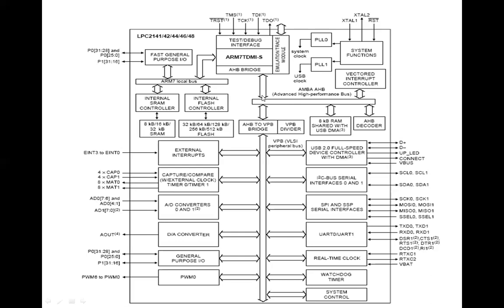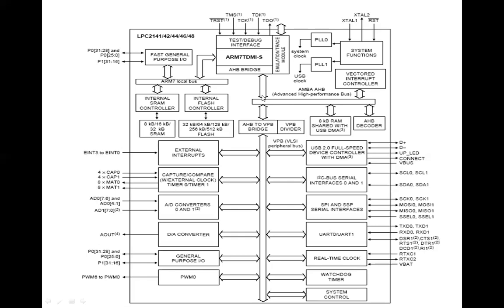PLL 0 will generate the system clock and PLL 1 will generate the USB clock. We will see later on what the use of PLL is. Then external 1 is an inward signal and external 2 is an outward signal, so external 2 is linked with the external peripheral. The internal clock will get shared with the external peripheral or the IO devices.